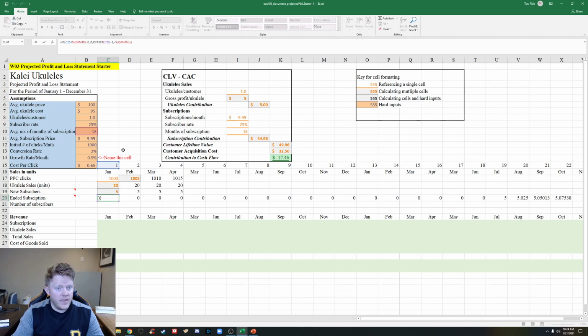If that is not the case, if it is greater than the submonths, then it's going to be C20, which is referencing itself, minus 1, minus the submonths.